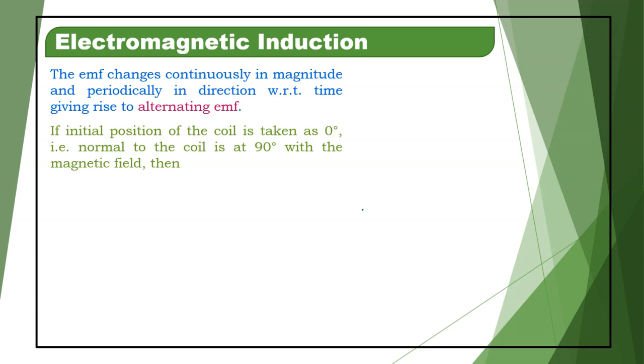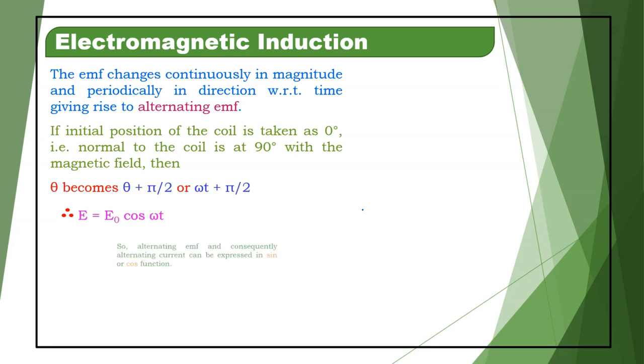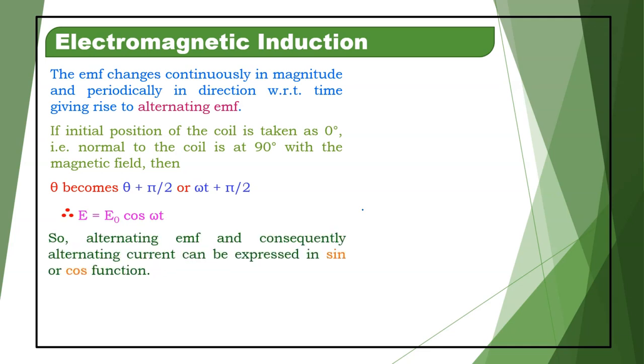If the initial position of the coil is taken as 0 degree, that is, the normal to the coil is at 90 degrees with the magnetic field, then θ becomes ωt plus π by 2, where E is equal to E naught cos ωt. So alternating EMF, and consequently alternating current, can be expressed in sine or cos function.